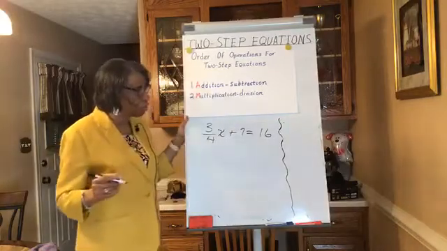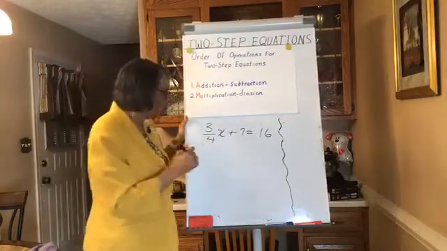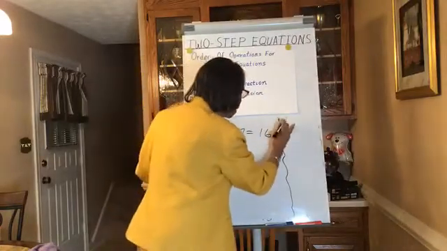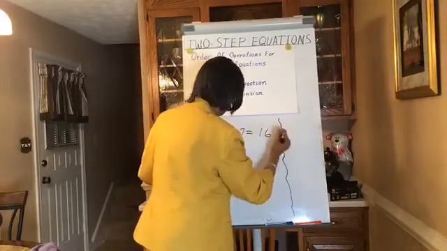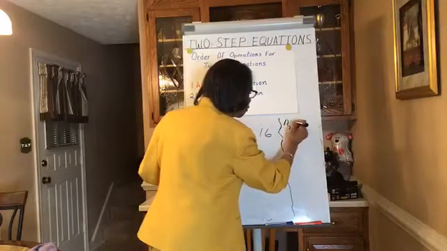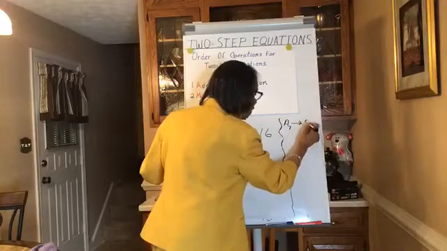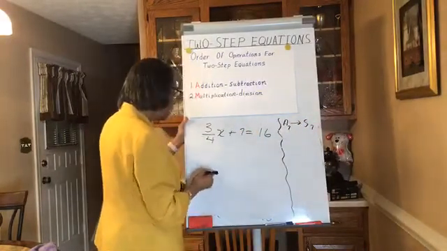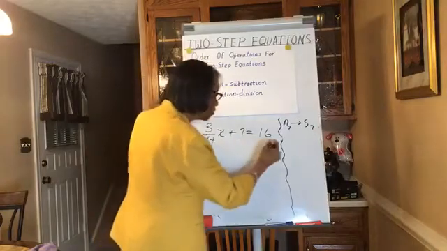Okay, so on your little mind, you should be looking for addition or subtraction. We have addition. We're adding 7. So the opposite of adding 7 is subtracting 7. All right. And we have multiplication by a fraction.